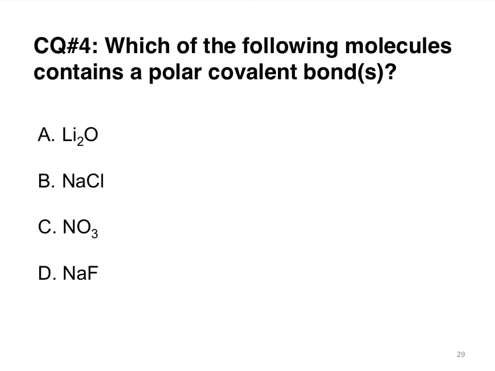So now let's take a look at this and see which one of these two have polar covalent bonds. Now, in order to really figure this out, I have to give you a chart that has electronegativities. Nobody expects you to memorize these. But it's important that you understand this concept.